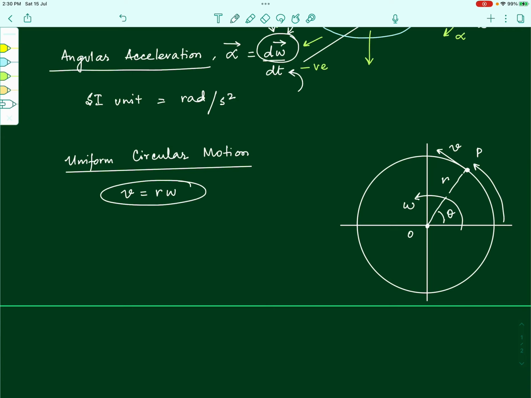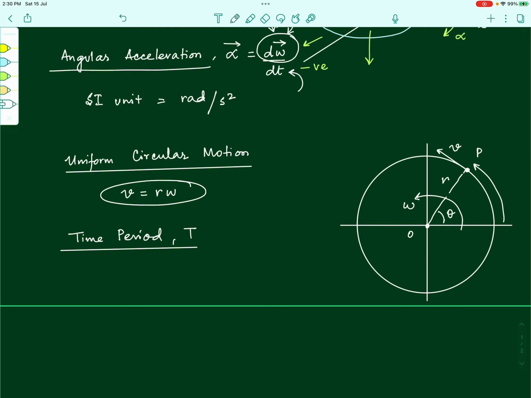Now, we can try and find out what we call the time period of revolution, or simply the time period, denoted by capital T. It is the time that this body takes to cover one full circle along its circular path.